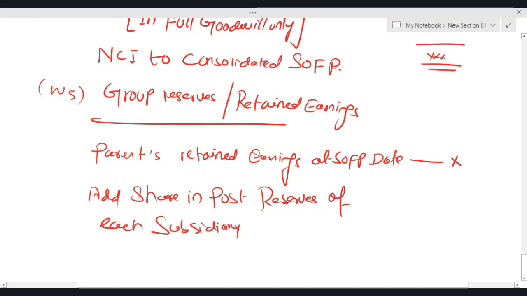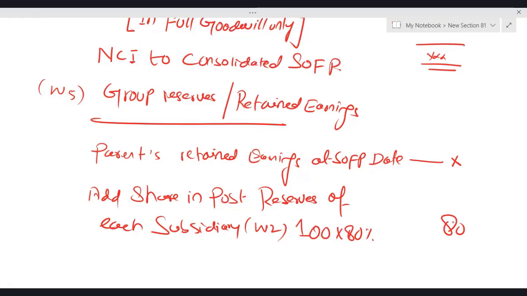It could be S1, S2. Now, from where will you get this value? From working 2. Remember, in working 2, in the post acquisition column, we had the answer 100. Let's say parent holding is 80%, so 80. So for each subsidiary, you have to take share in post reserves.